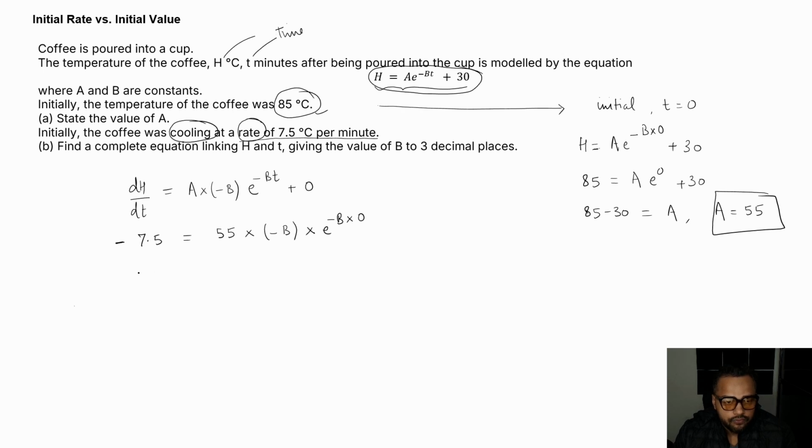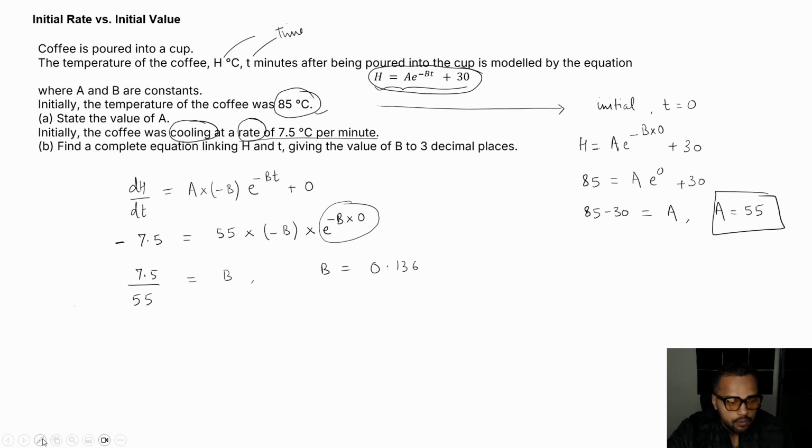So 7.5 divided by 55 equals B, and the exponential term will be equal to 1. So the value of B will be 7.5 divided by 55, which equals 0.136, roughly 0.13636.